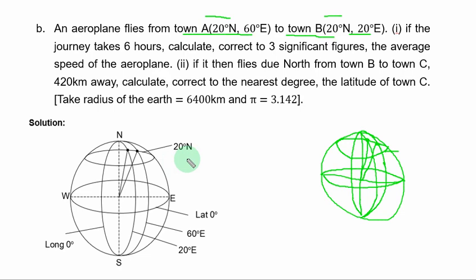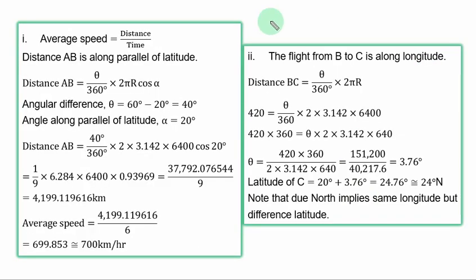So we get the average speed. Before the average speed, the distance is needed. The distance is along a small circle, so you use the distance along small circles formula. The time is 6 hours, then you get the average speed as distance over time. Roman figure 1, average speed is distance over time.